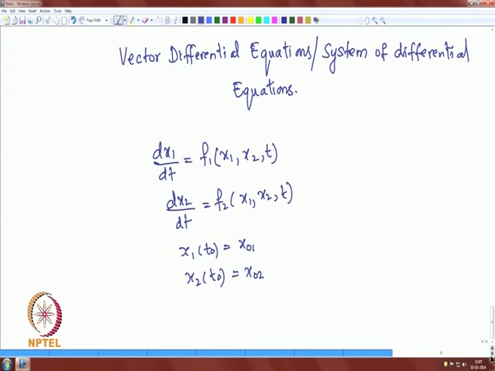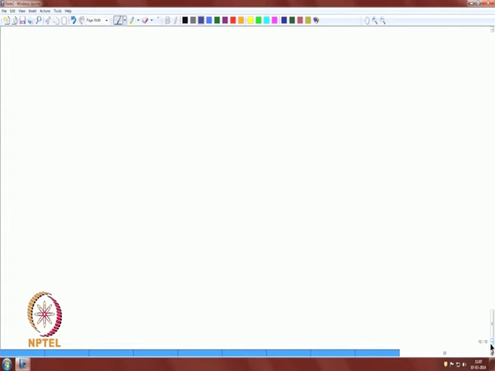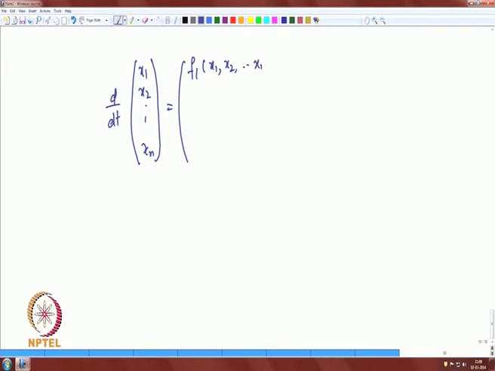In general we can have n equations. So, we will write in a vector form. d by dt of x1, x2 up to xn is equal to f1 of x1, x2 up to xn, t; f2 of x1, x2 up to xn, t; and fn of x1, x2, x3 up to xn, t.